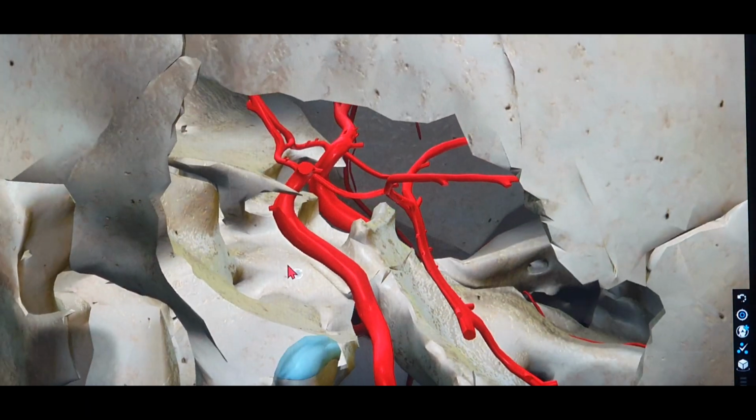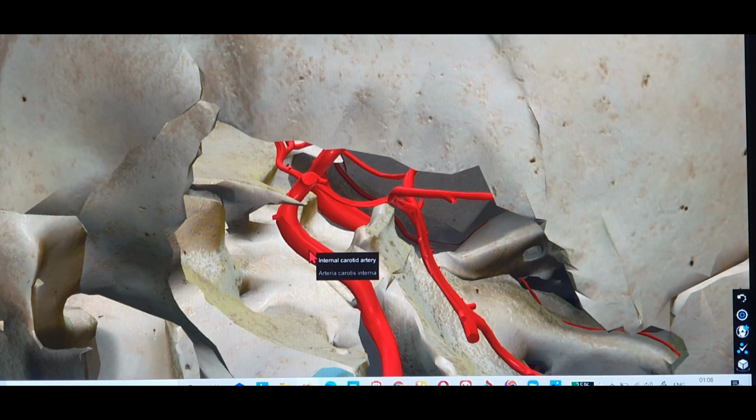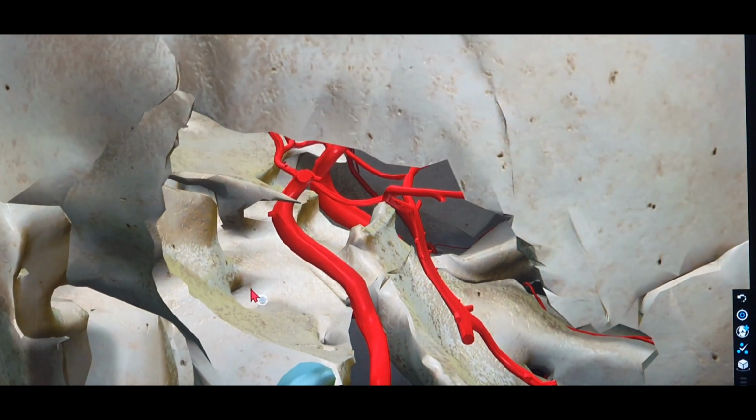This is actually the carotid artery in the cavernous region viewed from superiorly. For a skull base surgeon or a neurosurgeon, they're going to have both the different views. So I'll be talking in much detail about the cavernous part.